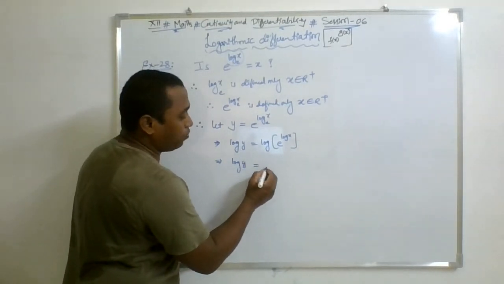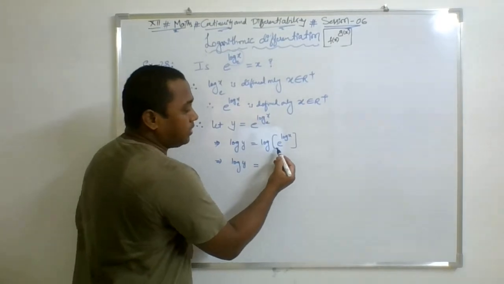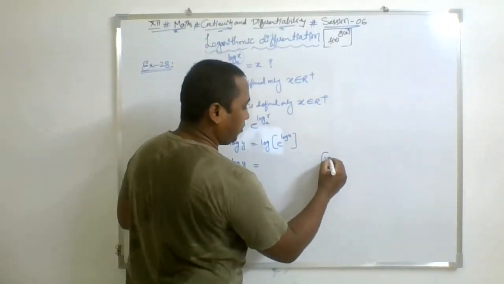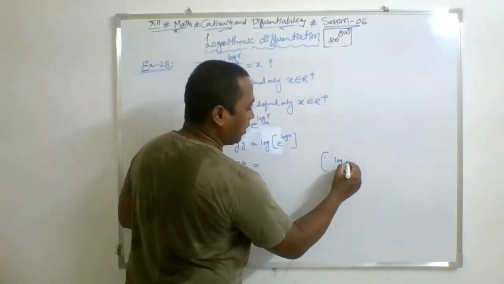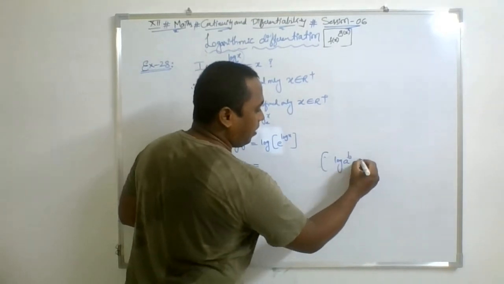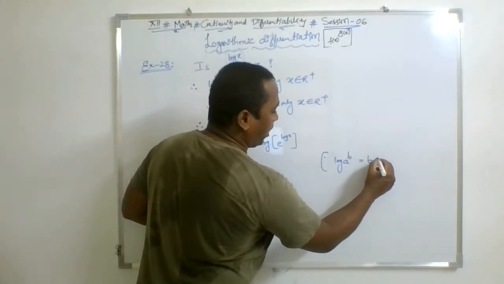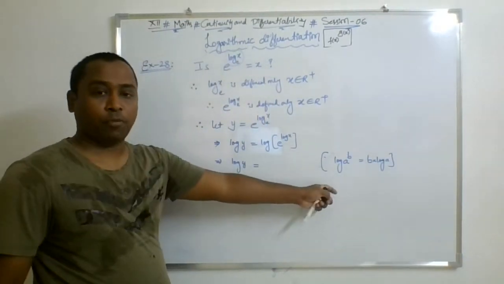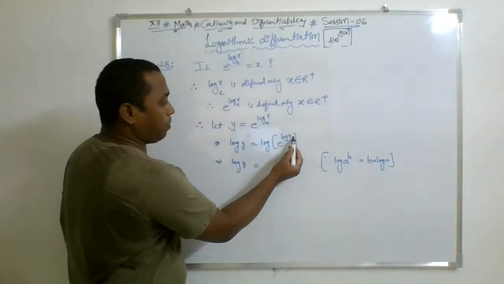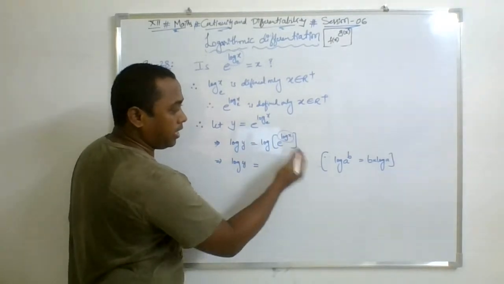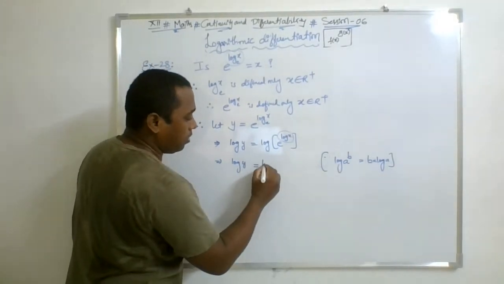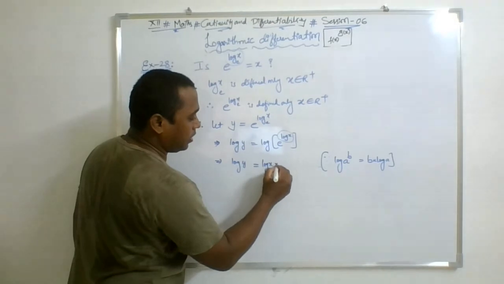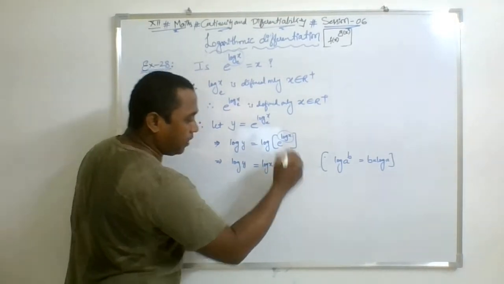Log y is equal to, now it is in the form of log a to the power b, which is written as b times log a. So with the help of this property, I can bring this power out in multiplication form, like log x into log e.